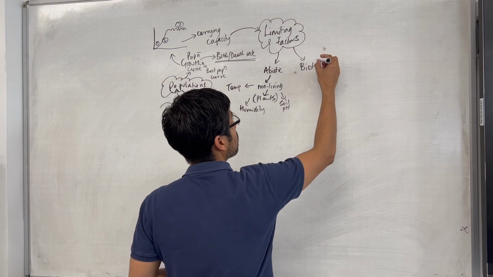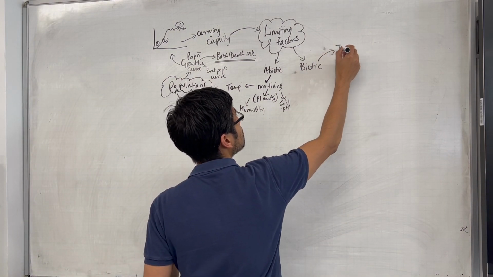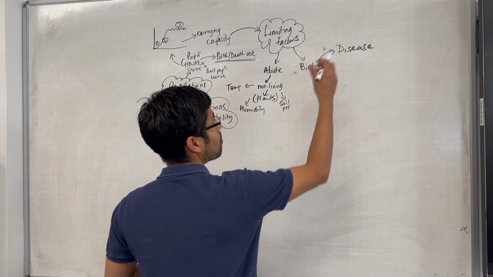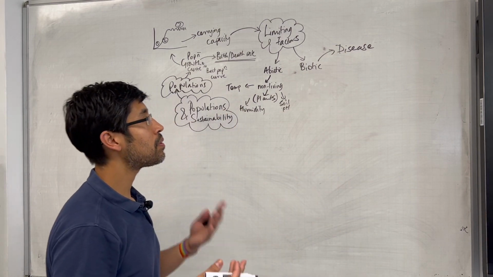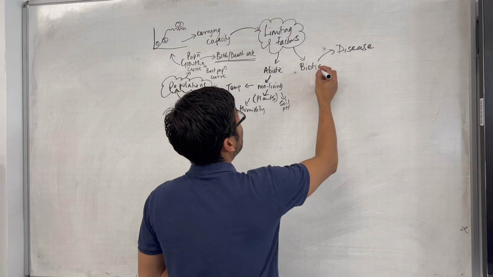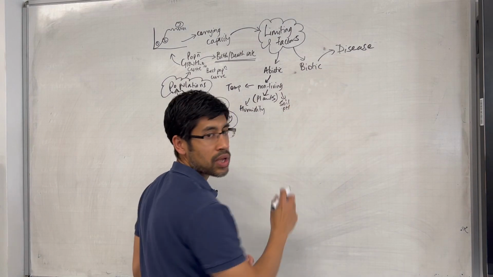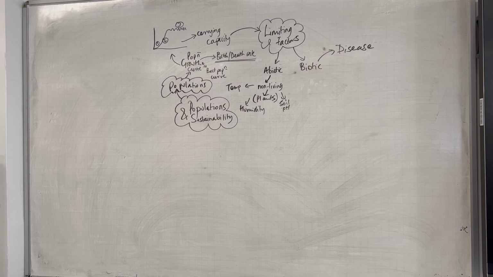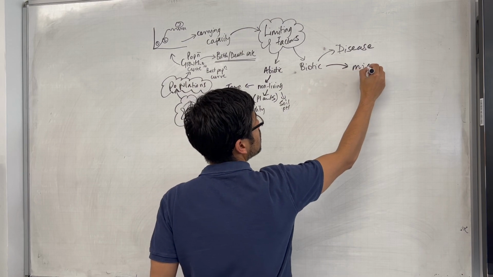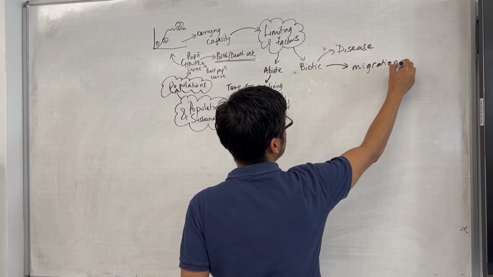Well, something that we're not going to talk too much about is disease. So that's a biotic factor, something that's caused by a living thing. Remember, disease is caused by pathogens, which are living organisms. And then we have another thing that we might not talk about too much, which is migration.